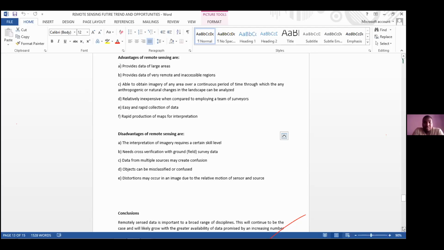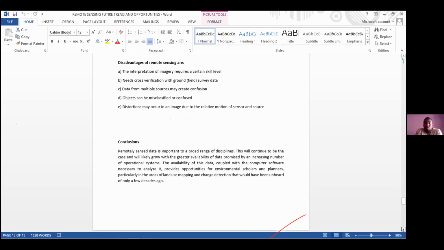So those are some disadvantages of remote sensing. And then what I can conclude is that remotely sensed data is very important to a broad range of disciplines because today remote sensing is everywhere. This will continue to be the case and will likely grow with the greater availability of data promised by an increasing number of operational systems.